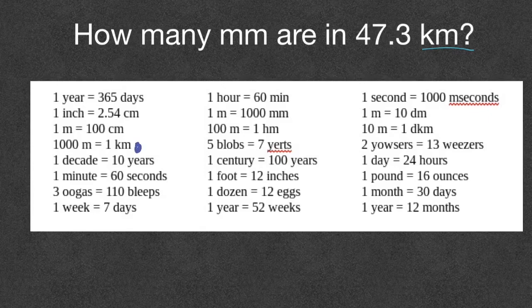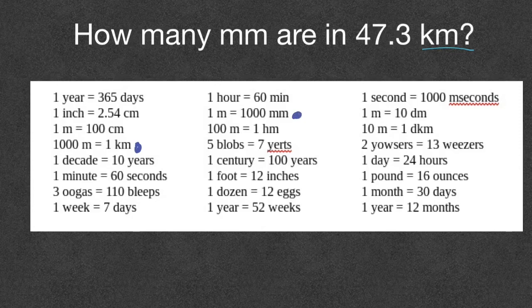Now kilometers is going to meters, and I need to go from kilometers to millimeters. So if I'm at meters, now I need to find something about meters and millimeters, hopefully. And I look over here, I've got 1 meter is equal to 1,000 millimeters. This is going to be my other conversion factor. I need to use both of these.